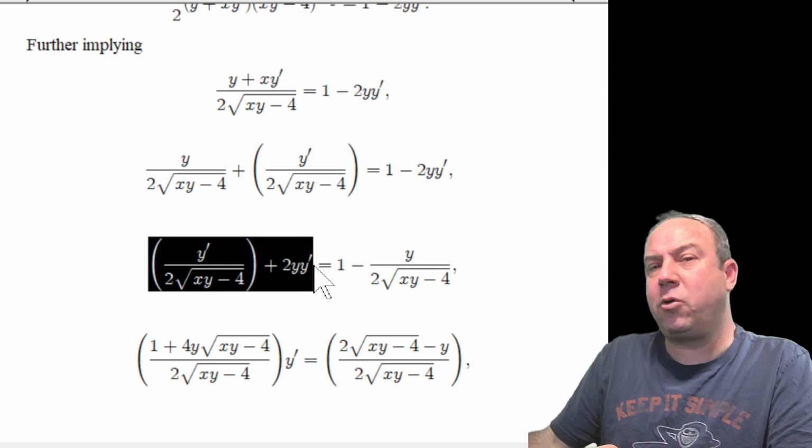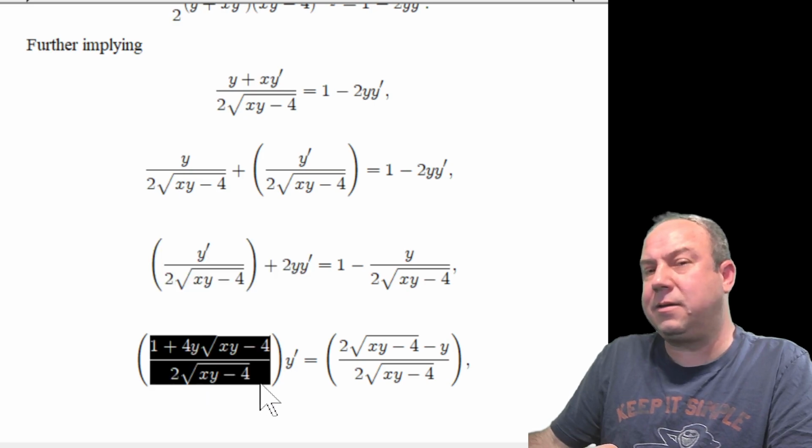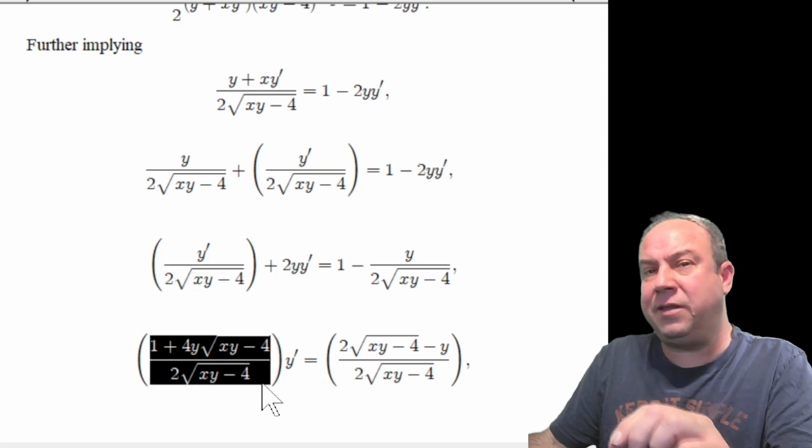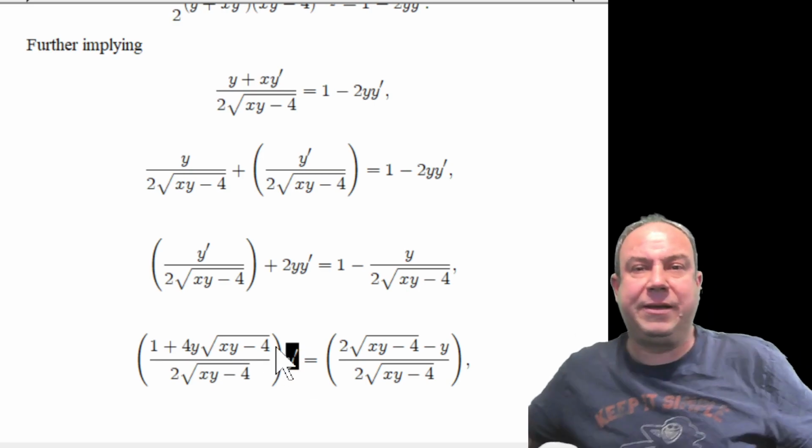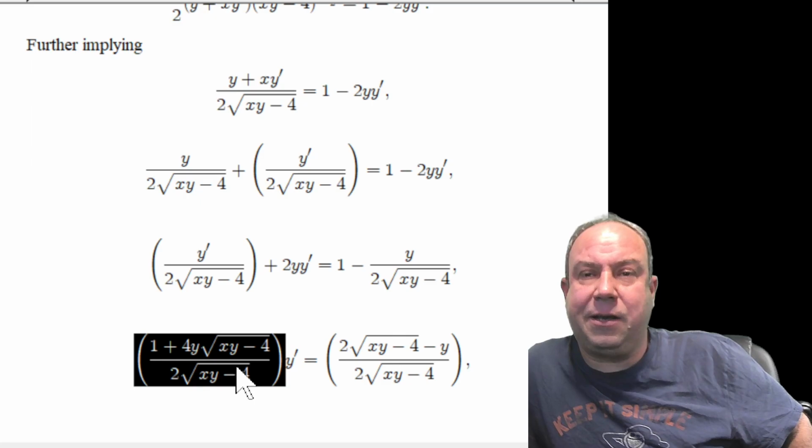Now from here, I'm going to factor out the y prime from both these terms and then gather them into a common denominator in that group with y prime factored outside that group. So that's what I have going on here.